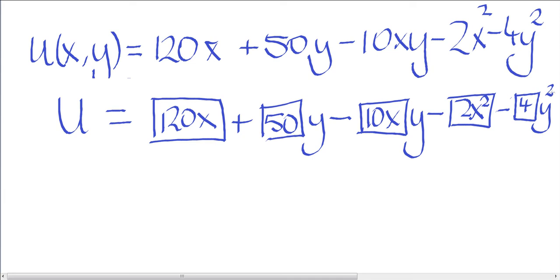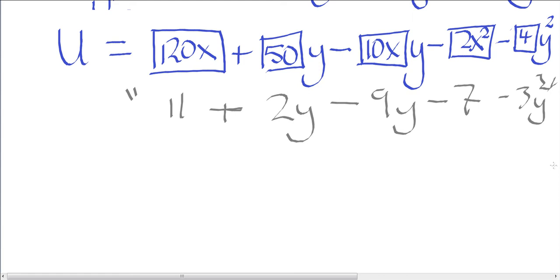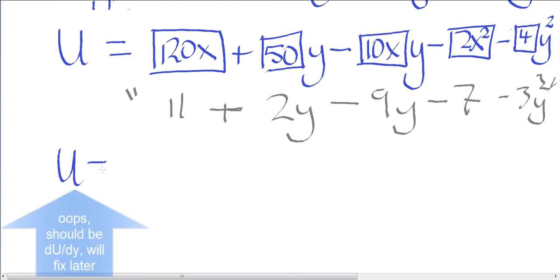Okay, again, just quickly write down any dummy equation and replace the box by numbers. 2y, anything at all, 9y minus 7 minus 3y squared. Okay. So just double check how you would differentiate that in the grey and do the exact same thing with the u, but treat the boxes as just numbers.